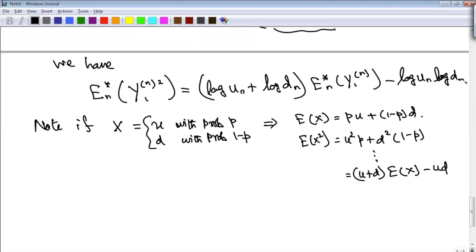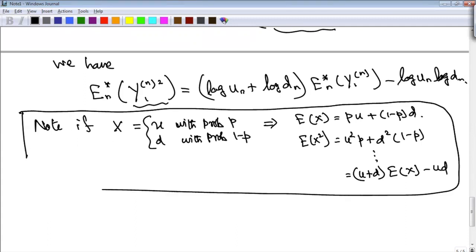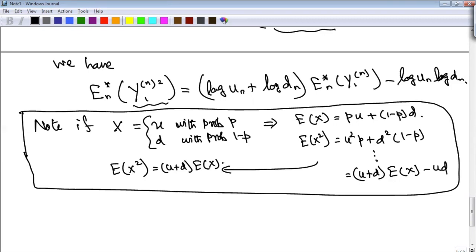That's what I have used here. You recall that Y1 and similarly all the Yk's take either the value log un or log dn with probability p star n and 1 minus p star n respectively. Therefore, it exactly comes into this case, and its expectation of X square can be simplified to u plus d into E of X minus ud. That I am just using here.